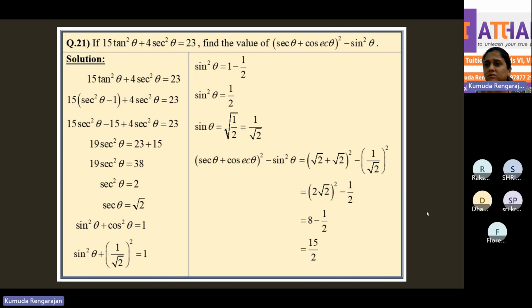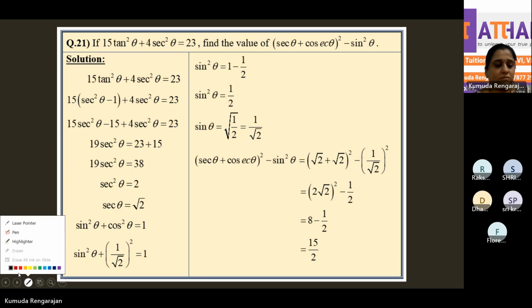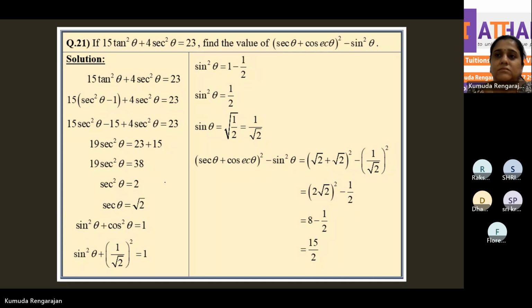Yeah, you have a question? Sine 45 is 1 by root 2. Cos 45 is also 1 by root 2.